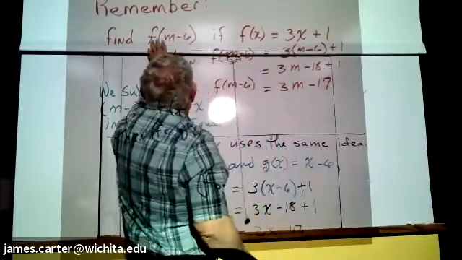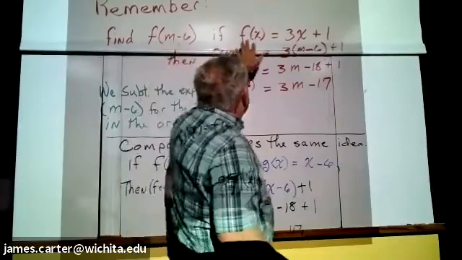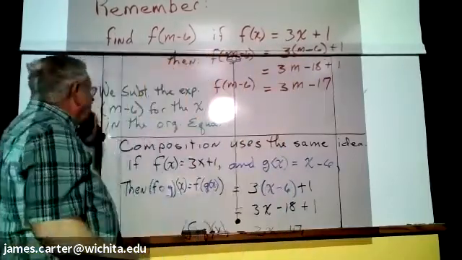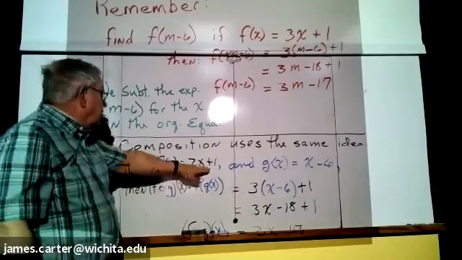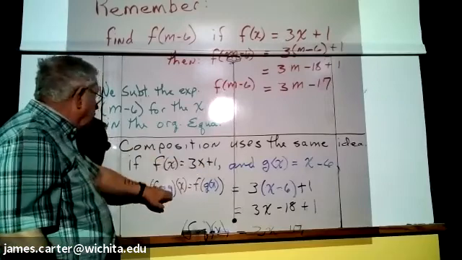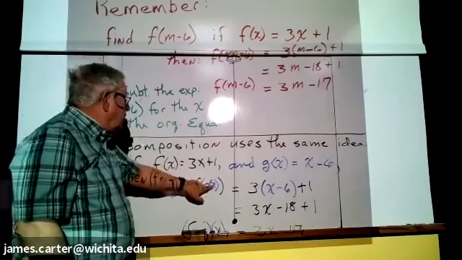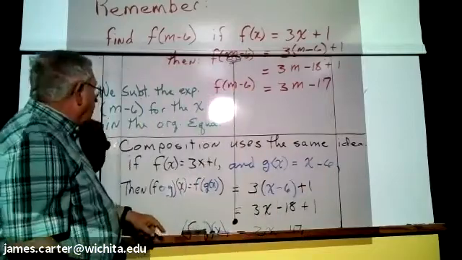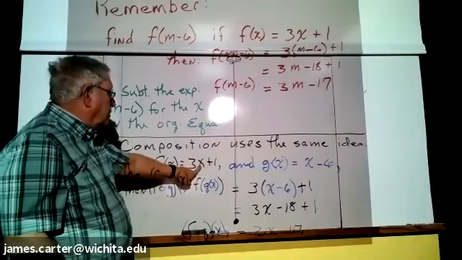Basically, what we've been doing when we've been showing this notation is substituting this into the x's of that equation. Well, composition is fundamentally the same thing. If here's the f of x equation, and we say f compose g, then we take the g equation, x minus 6 in this case, and substitute it into the f of x equation.